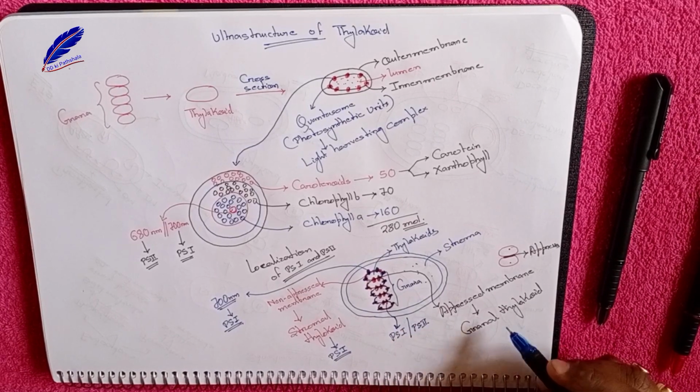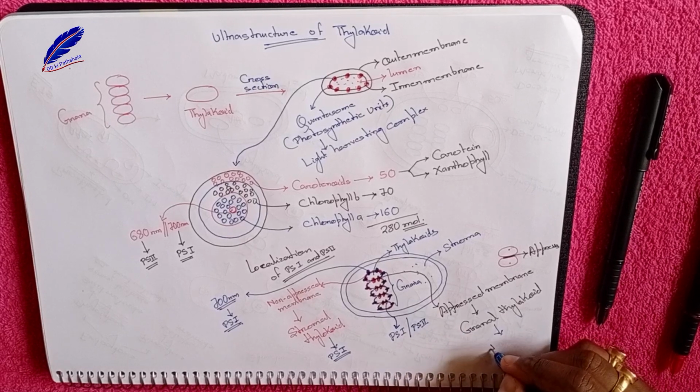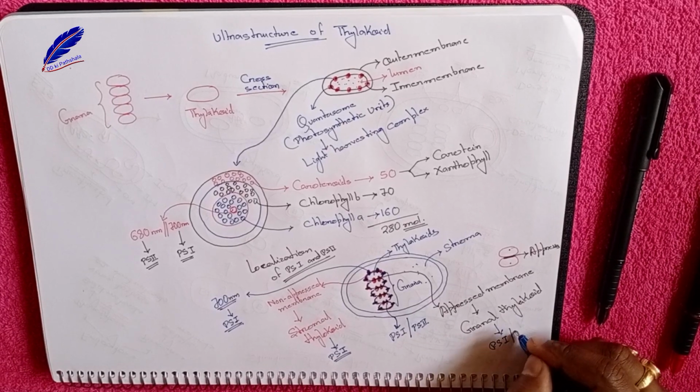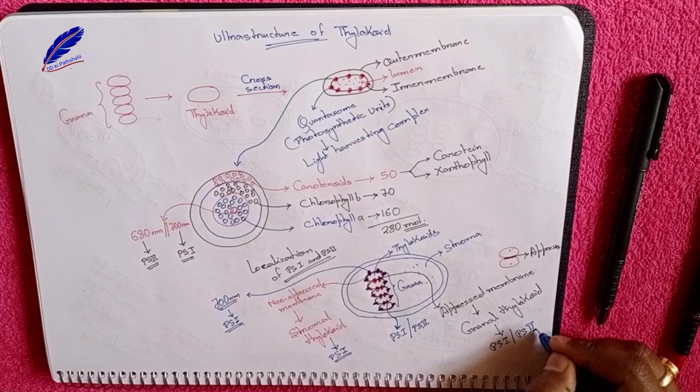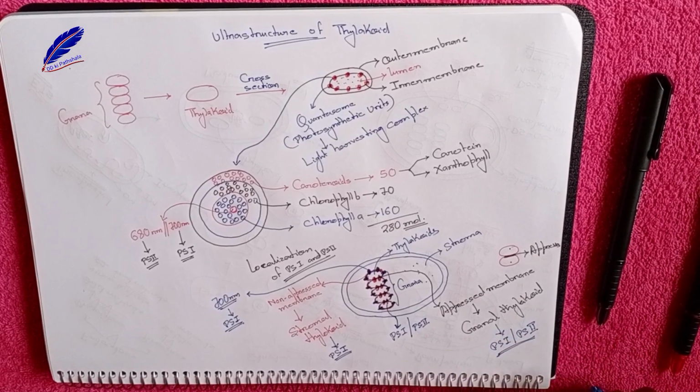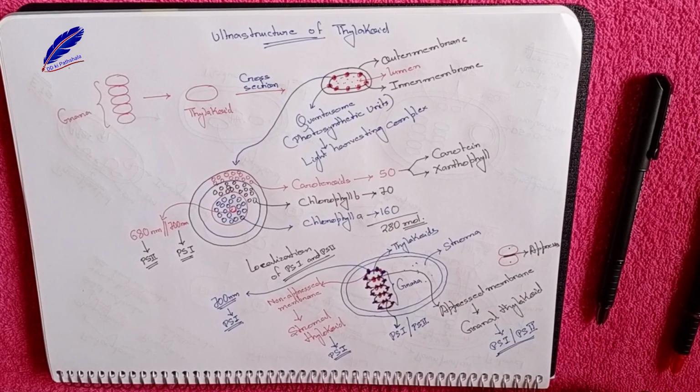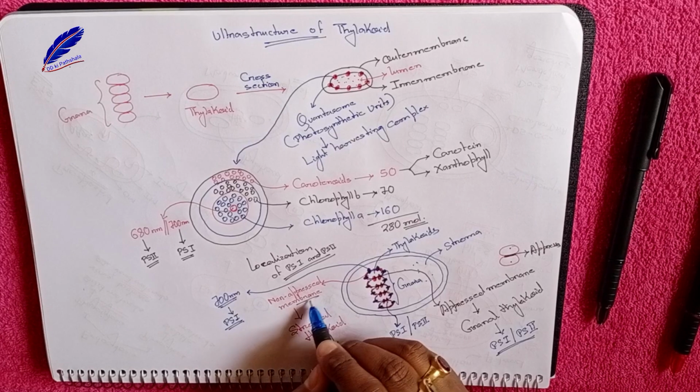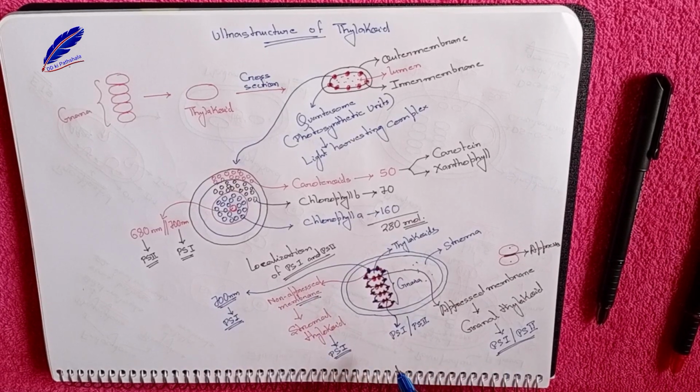That is, in the appressed membrane, both PS1 and PS2 can remain present, with some of the quantasomes acting as PS1 and some others acting as PS2. But in the non-appressed membrane, only PS1 remains present.